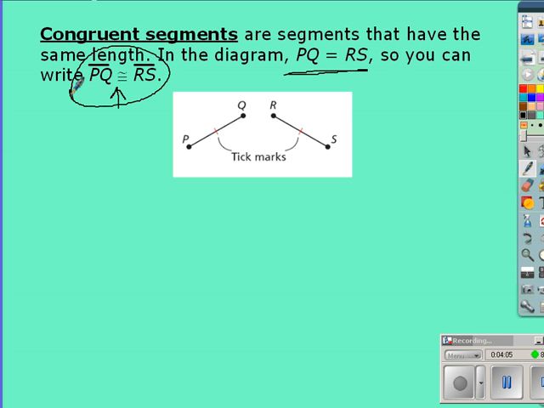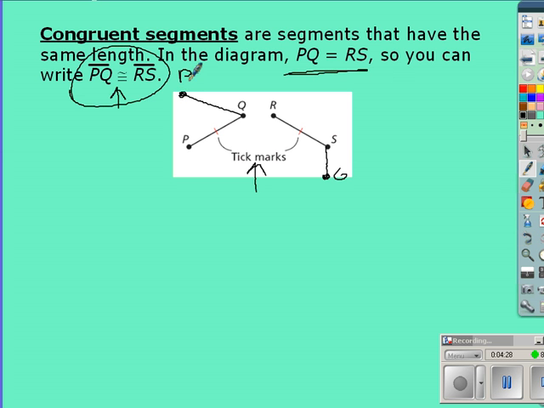In the book, you will notice that they will use these tick marks, these red lines on the lines. And what these represent is it's just kind of a shortcut to say that PQ is congruent to RS. If I draw another line here and another line here, oh, I already have a P, excuse me.